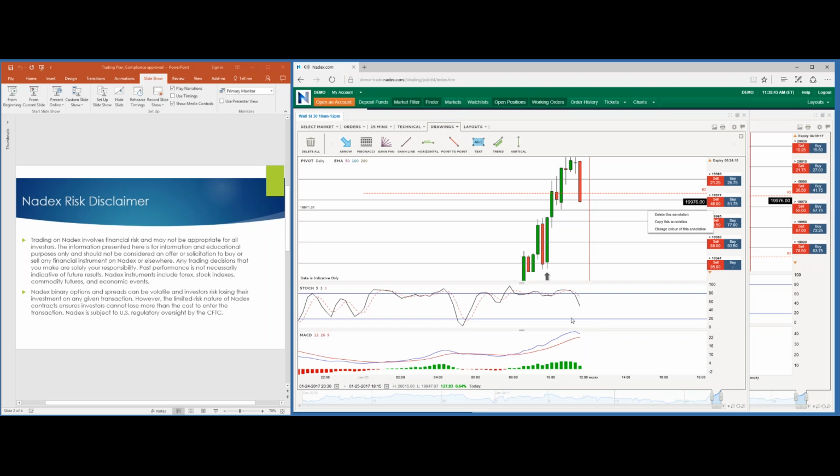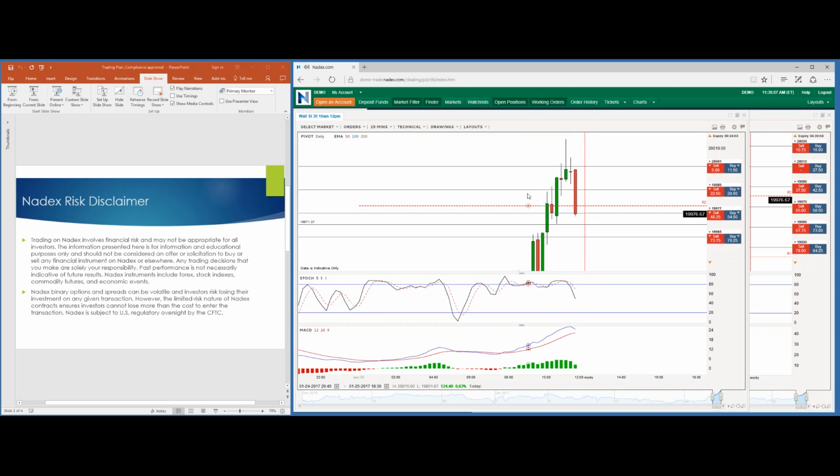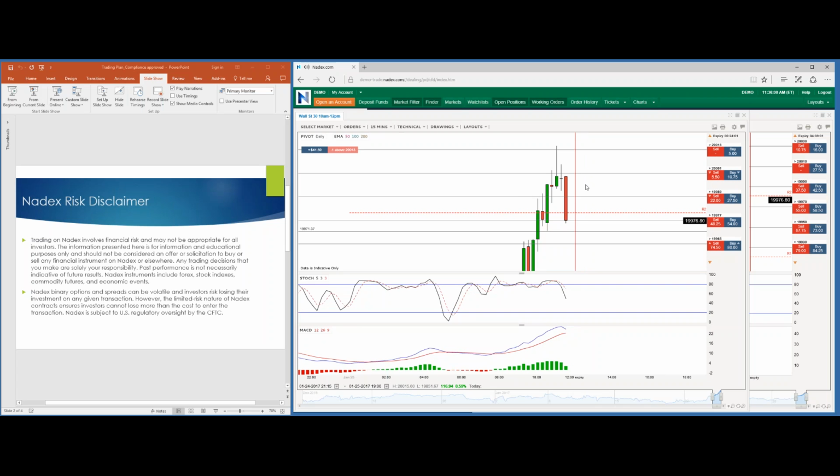Has it got to the 20 line? No, it's not. On a 15-minute chart, you're making higher highs and higher lows, so by the definition of uptrend, downtrend, you're still within that uptrend. Now, this is the question: is it worth the extra $5 to stay in this market for 23 more minutes?